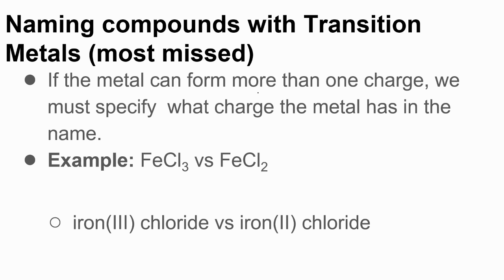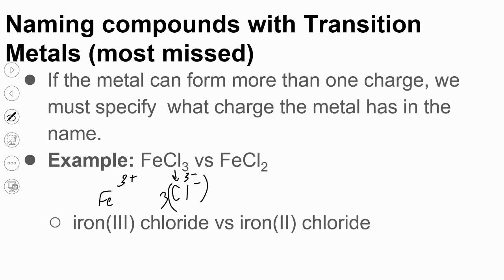So if we're looking here, we have 3 chlorines. Each of them has a minus charge. So overall, this has a 3 minus charge. So what is iron here? Good, it has to be a 3 plus, to cancel out these 3 minus chlorine charges, okay?